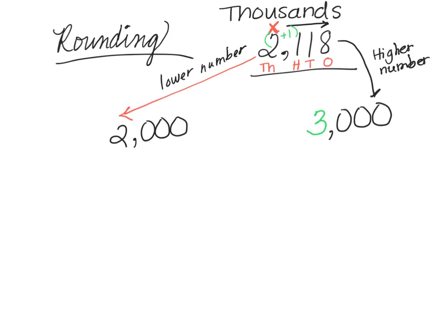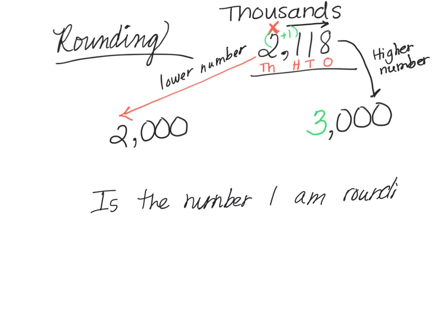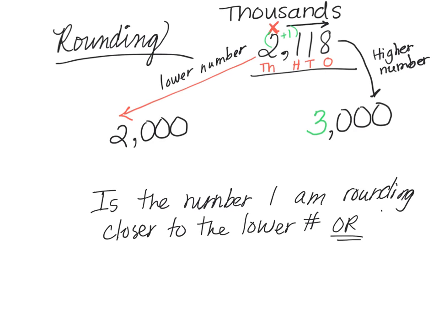And so now I have to ask myself that same question, and that question is, is the number I am rounding closer to the lower number or the higher number?